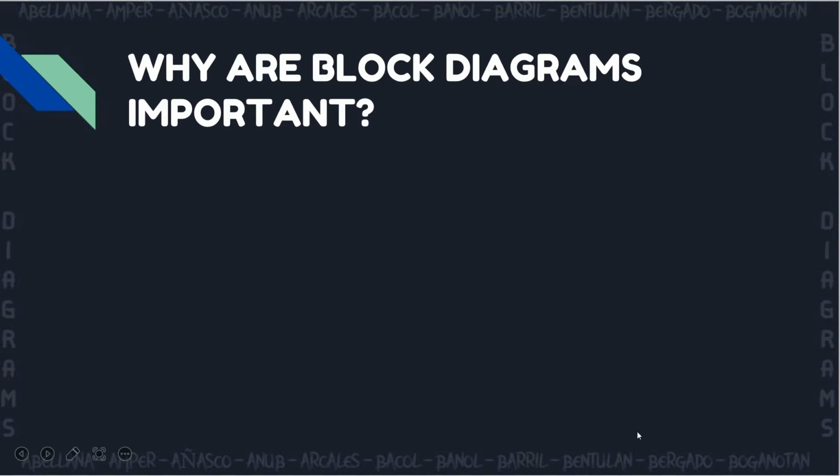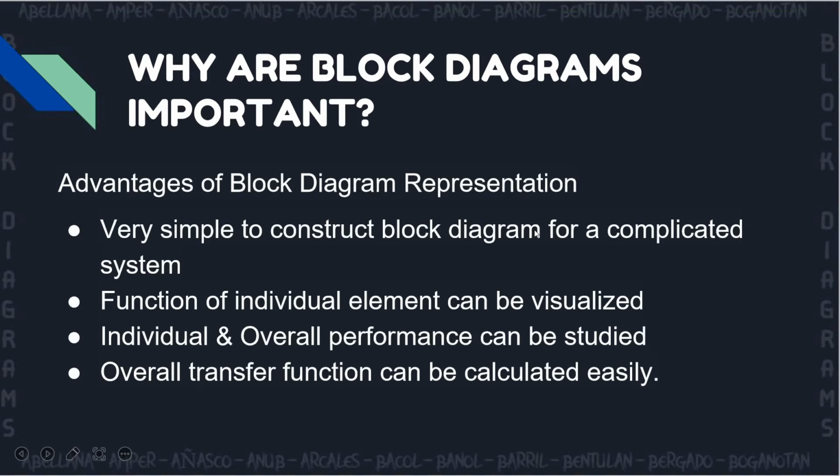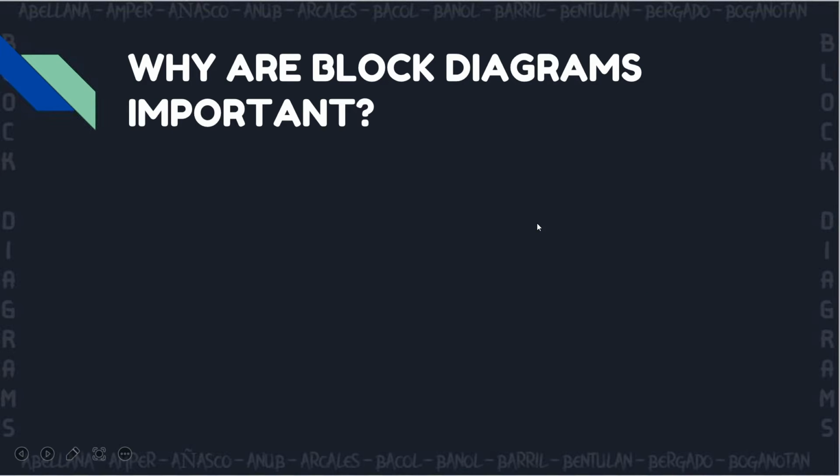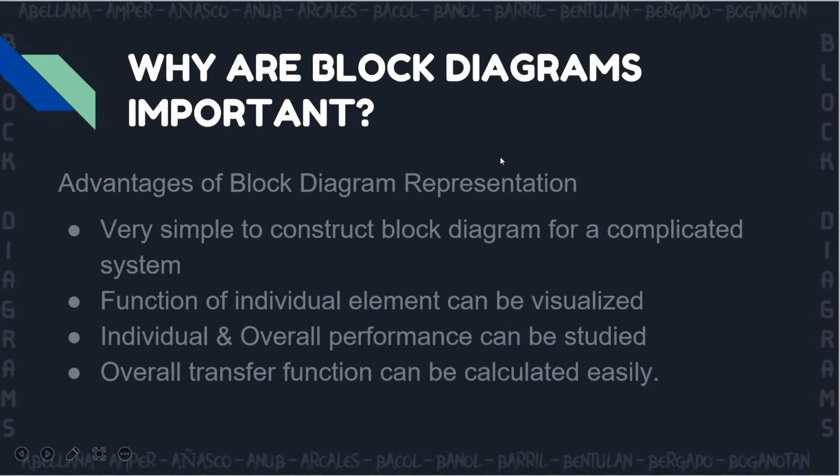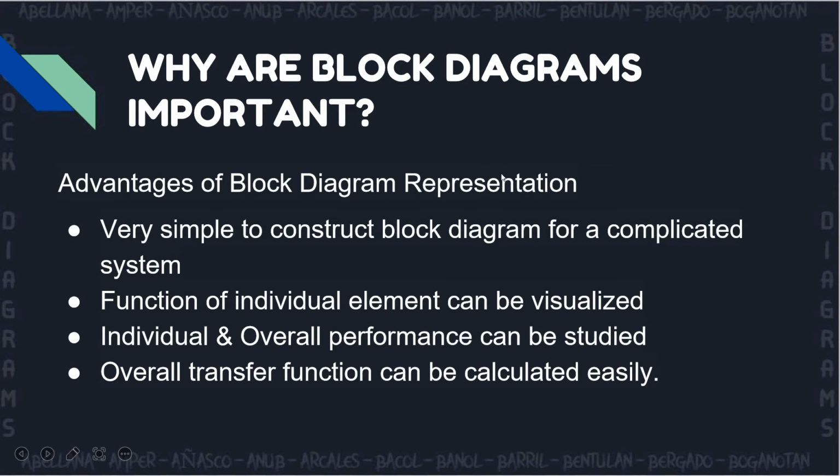Stated here are the advantages of using block diagrams to represent a system or a process. One advantage is that it is very simple to construct. Since block diagrams are mainly made of blocks and arrows and much more, we will get to that later. It is just very simple as long as you know the exact process.